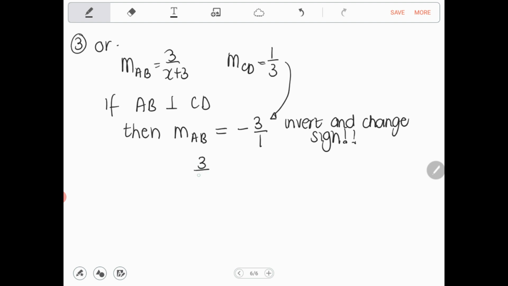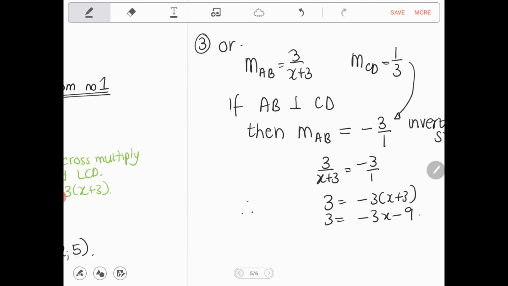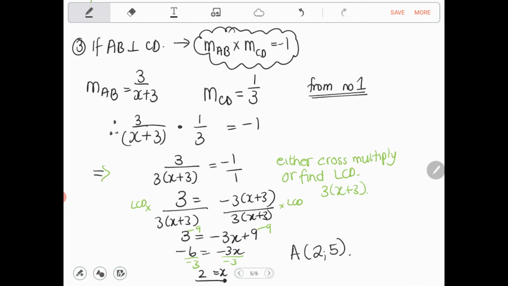I could go 3 over x plus 3 is equal to -3 over 1. So 3 is equal to -3 times x plus 3. 3 is equal to -3x minus 9. Oh, I lost my sign there. Sorry, guys.